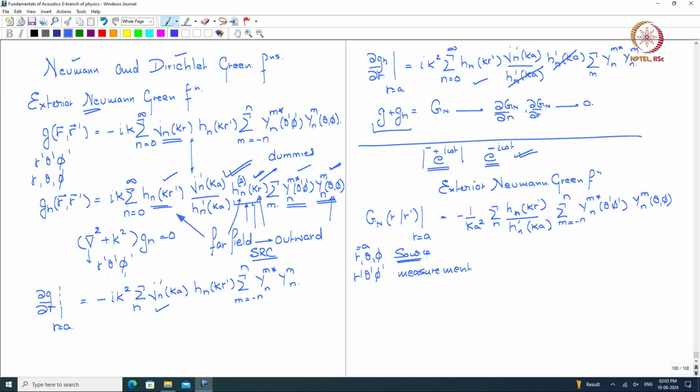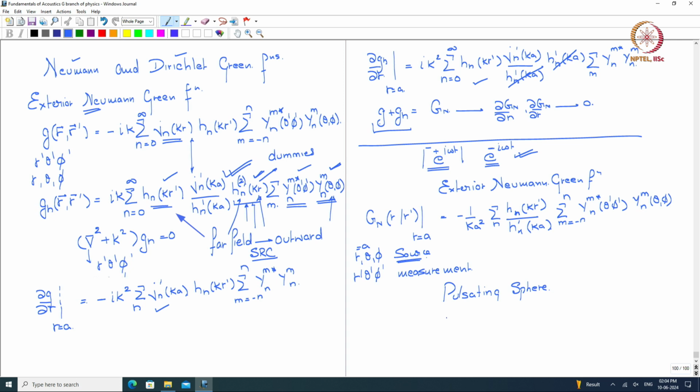Now we will look at this problem here, which is called a pulsating sphere. We will do this first using a Neumann Green function approach.